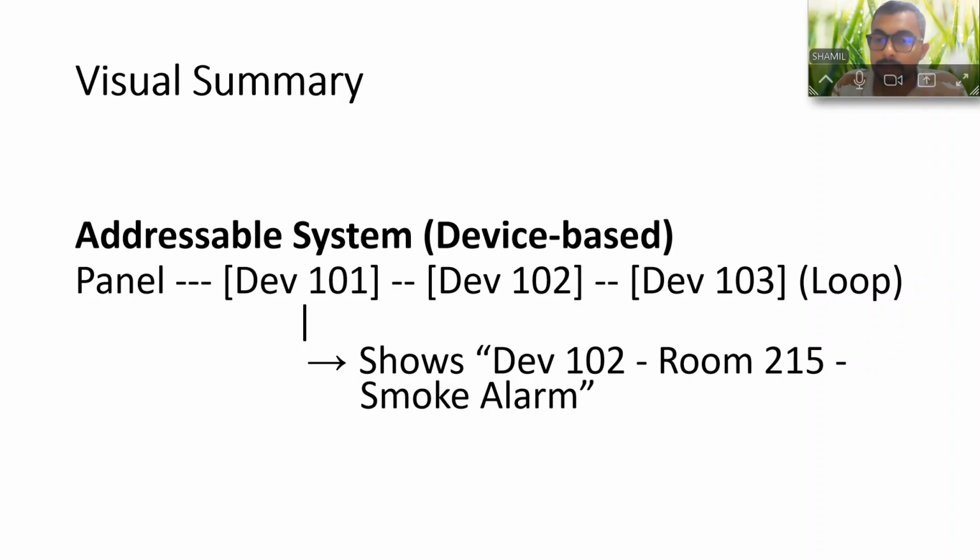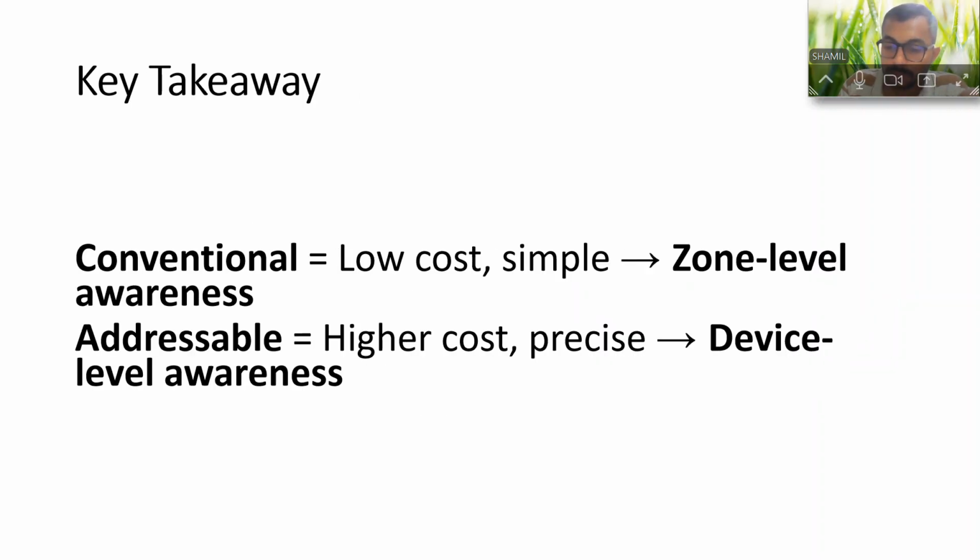It will say device 102, room 215, for example, and if there is an alarm, it will say smoke alarm. If there's a fault, it will say fault, and also mention what type of fault it is, whether an open circuit fault or a short circuit fault, etc. So this is how the conventional and addressable systems provide information in a particular situation.